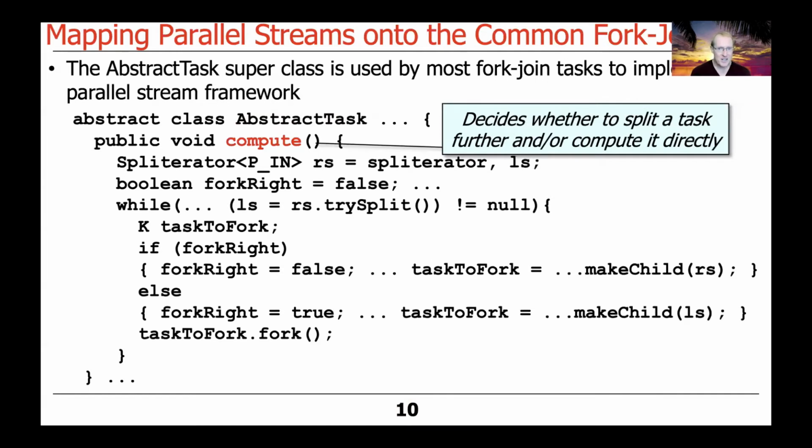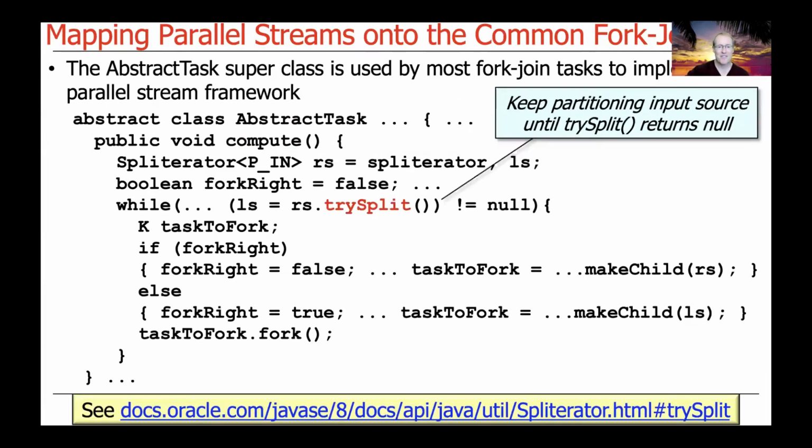Abstract task is a task in the sense of the fork join framework, and therefore it has a method called compute. And compute is used, as we'll see in a moment, to decide whether to split a task up further because it's still bigger than some min size, or to compute it directly. So that's what compute has to do. That's its purpose in life.